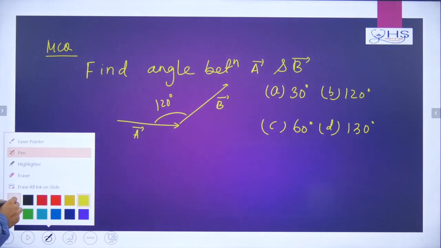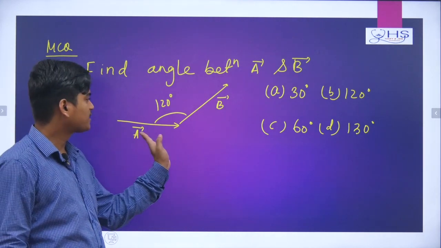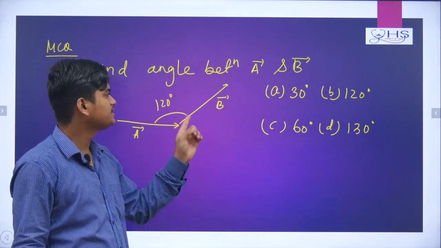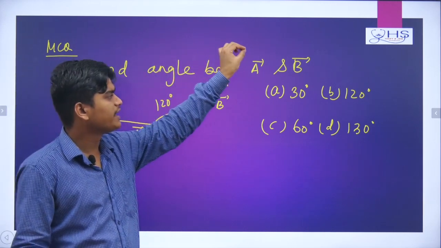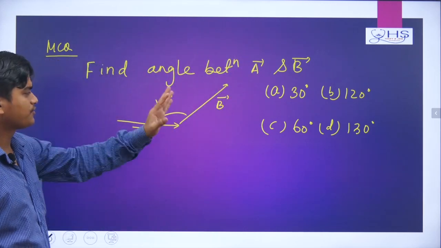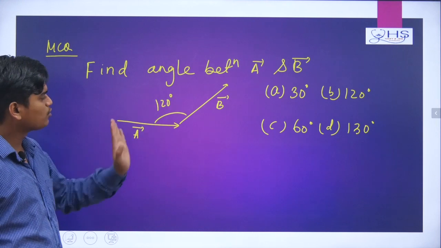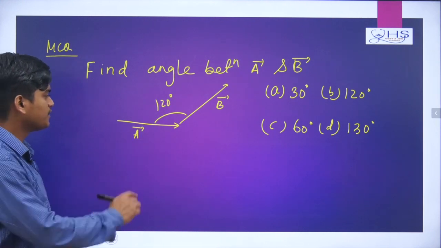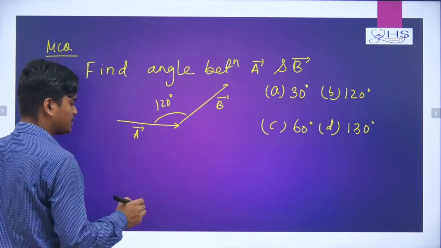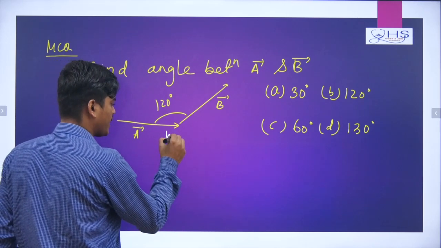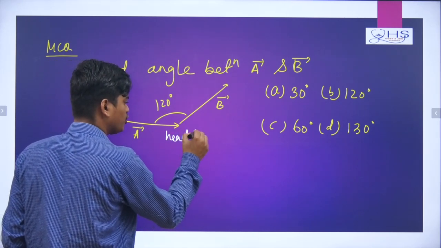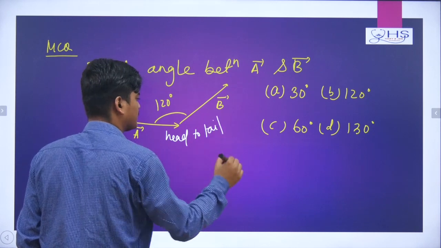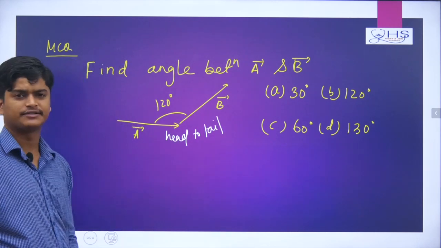Now understand here. This question is telling that some vectors are represented, a vector and b vector like this, and they are asking to find the angle between a vector and b vector, and some options are given and some angle is also given, 120 degree. Now see here, if you look perfectly, how are these two vectors joined? The head of one vector is joined to the tail of another vector. See, head and tail joining.